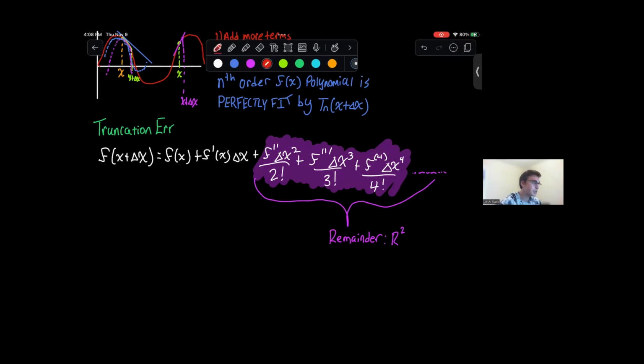Now, we actually have a good guesstimate of what our remainder can be. And it's modeled with this equation.